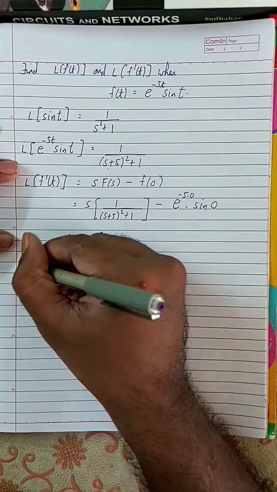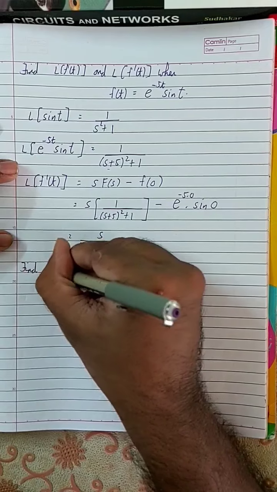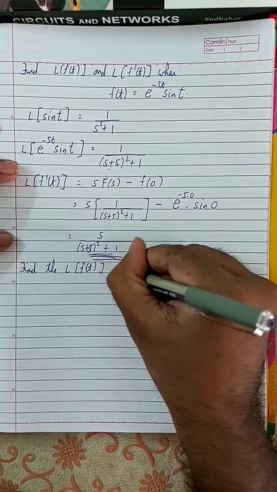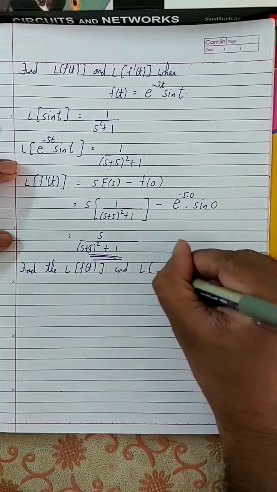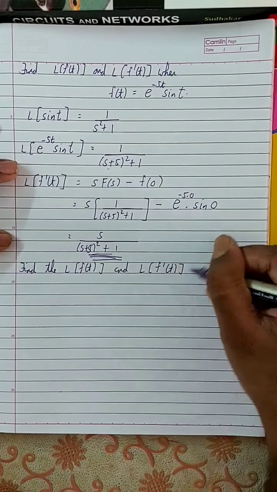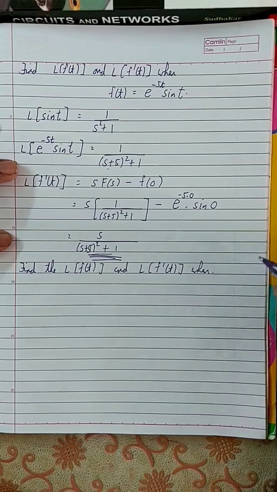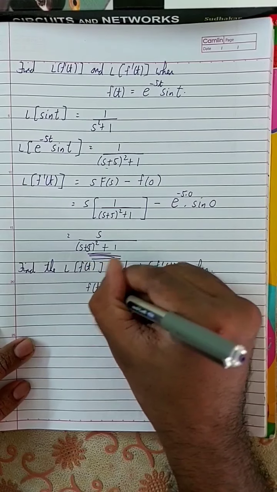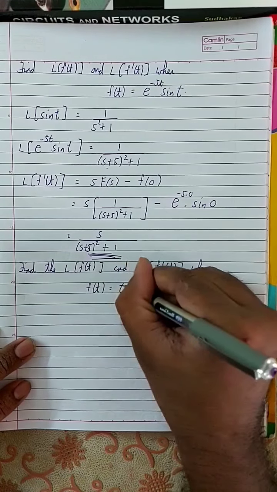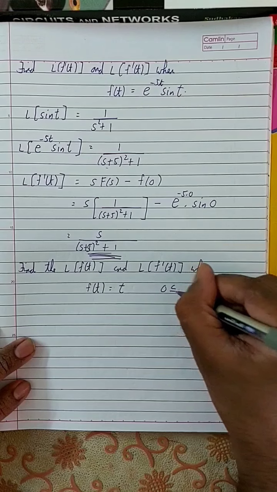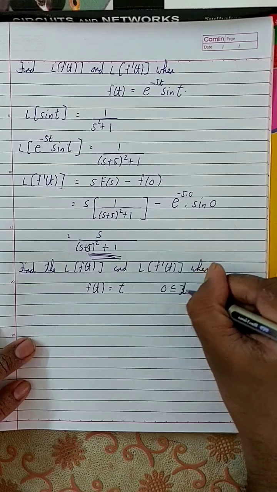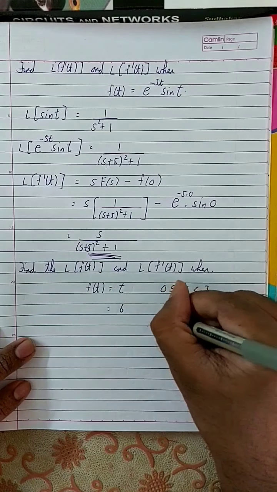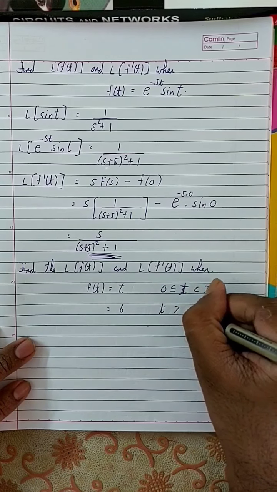So here the question is, find the Laplace transform of f of t and the Laplace transform of its derivative f dash of t, when f of t is equal to t for 0 less than or equal to t less than 3, and it is equal to 6 when t is greater than 3.